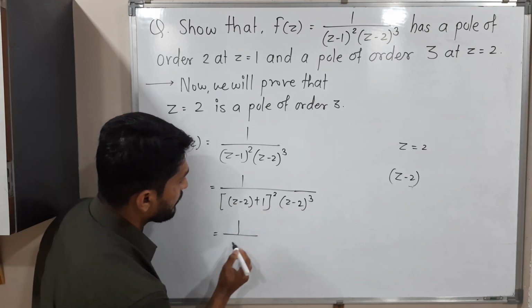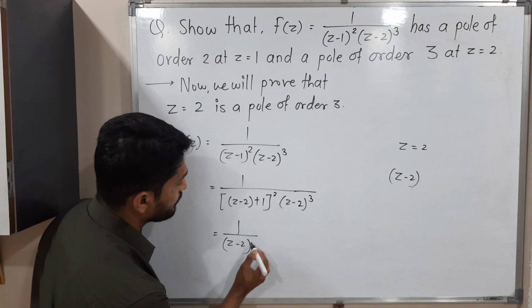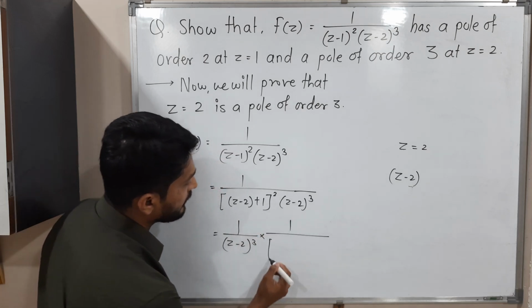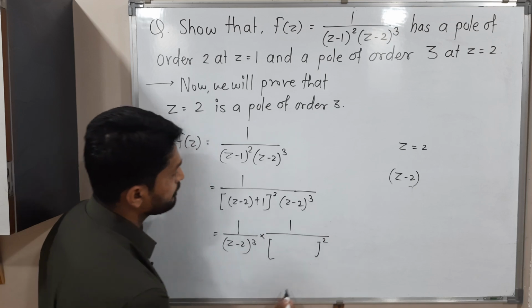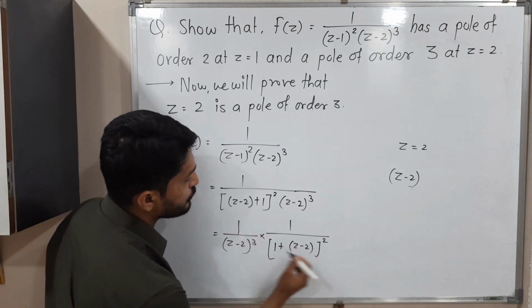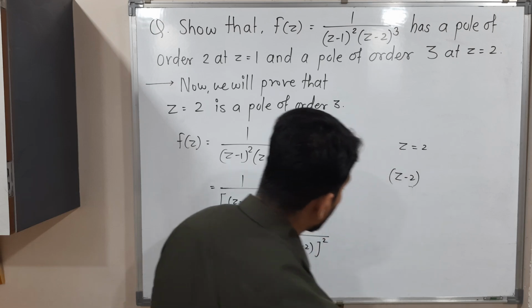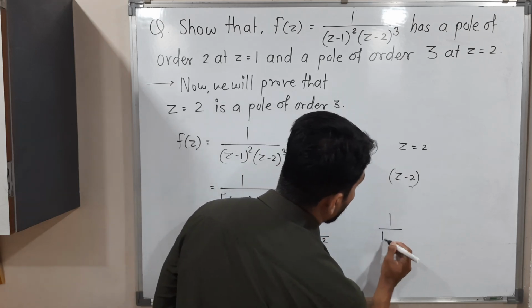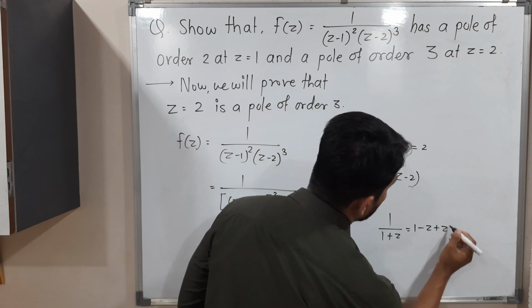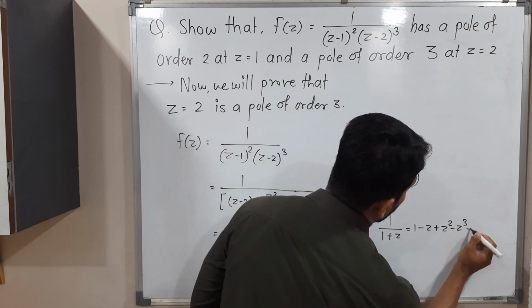1 upon z minus 2 cube into 1 upon, see this bracket I am writing here, bracket square. 1 I will write first, 1 plus z minus 2. Why am I writing 1 first? Since we are familiar with this series, 1 upon 1 plus z is 1 minus z plus z square minus z cube and so on, getting?